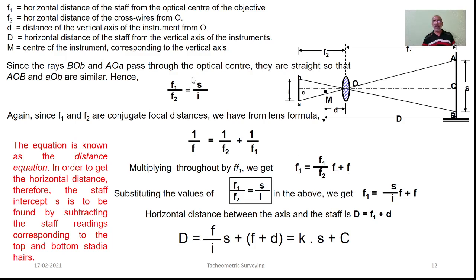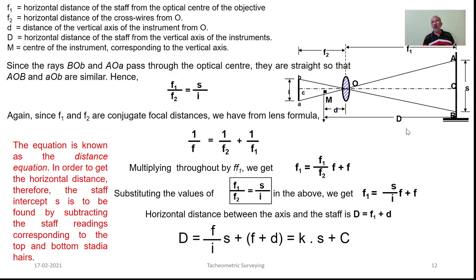As we have f1 by f2 equal to S by i, we can substitute the same in this expression, and f1 can be expressed as S by i times f plus small f.